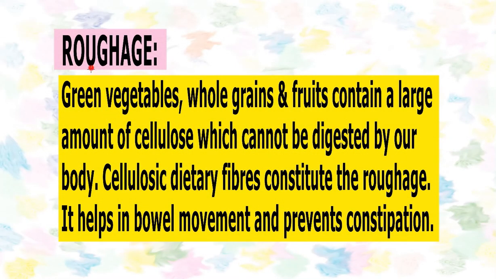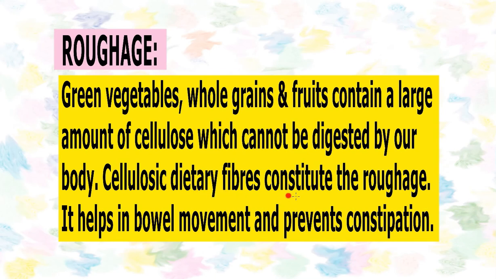Now comes the next component of our food, which is known as roughage. Green vegetables, whole grains, and fruits contain a large amount of cellulose which cannot be digested by our body. But this cellulose provides us the dietary fibers.